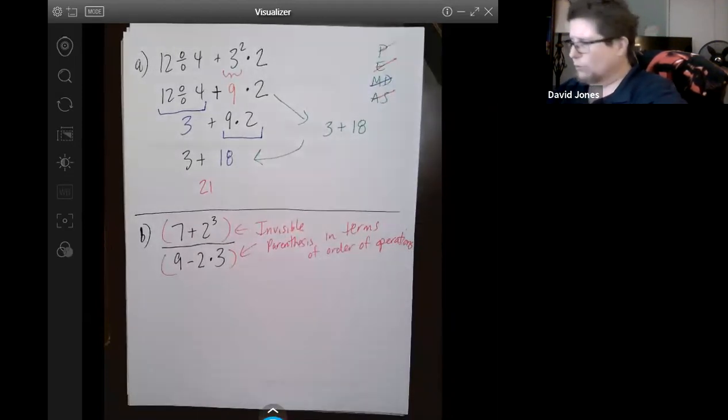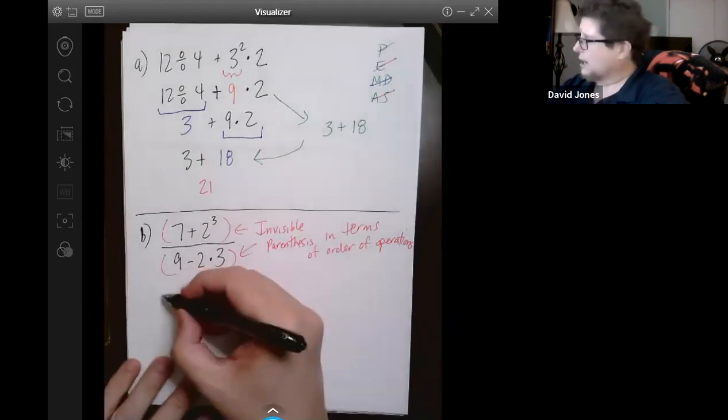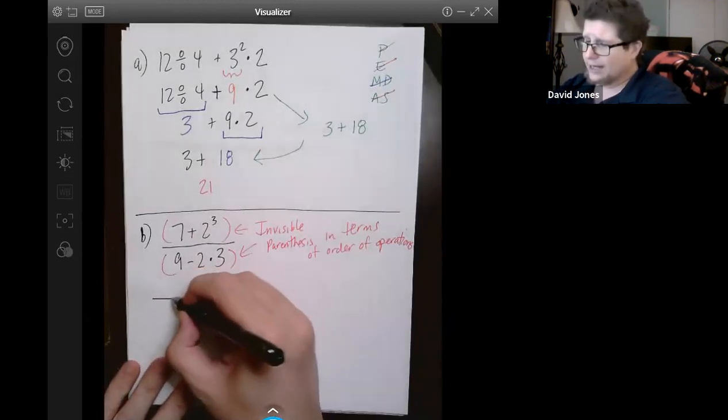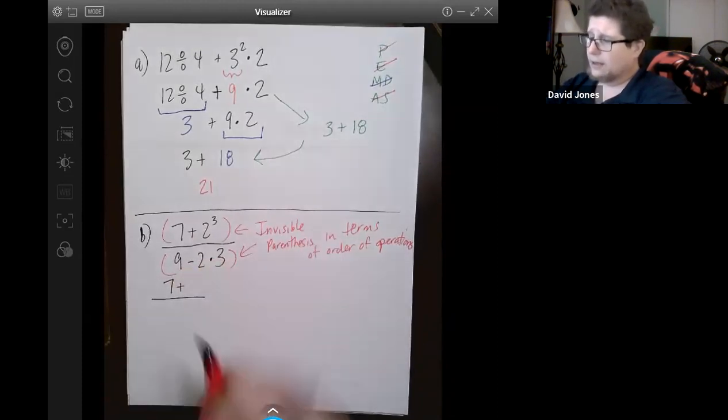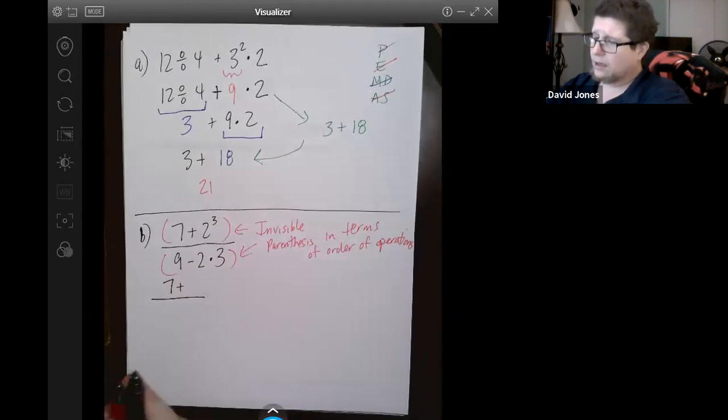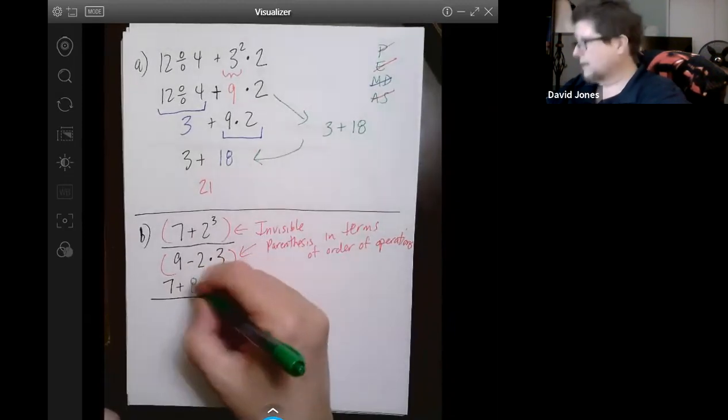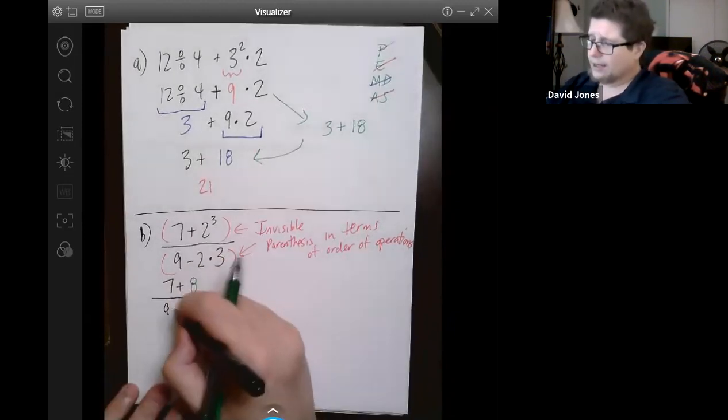And what does that mean? We'll do the order of operations. We start off, we do the exponents on top. 2 cubed is 8. And we still got 9 minus 2 times 3.